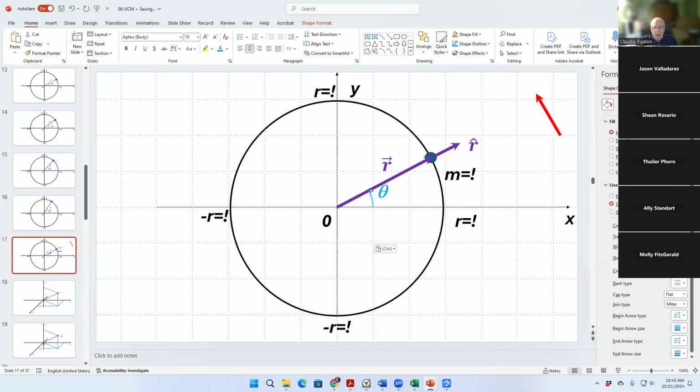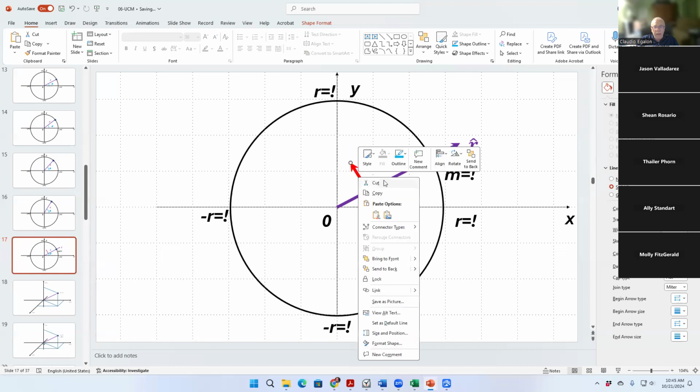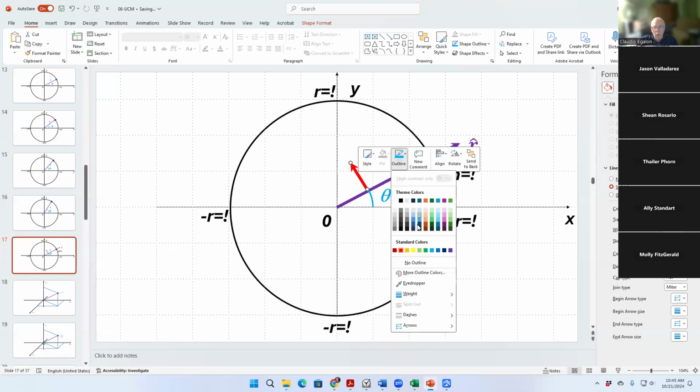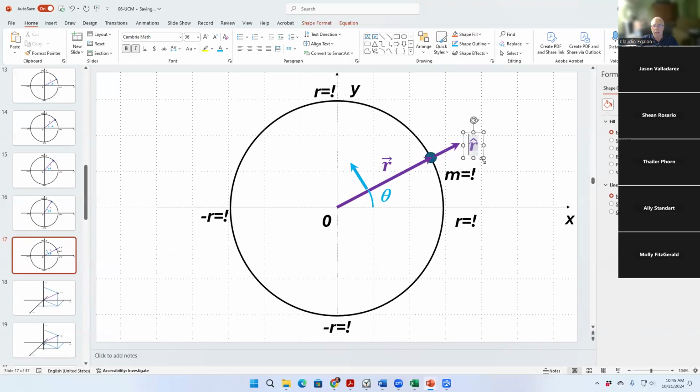If this angle here is the angle theta, then we can also come up with the unit vector theta hat. I'm going to make it that blue color. I'll copy this one and paste it next to it.